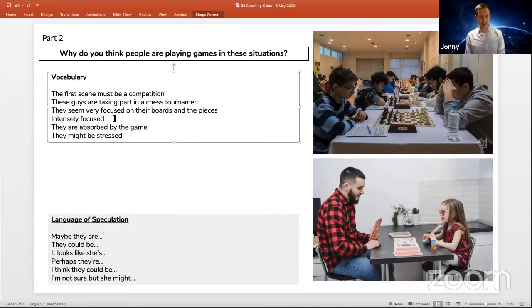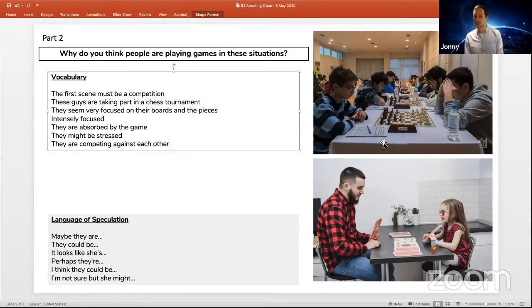They are intensely focused. Absorbed is also good as well. They are competing. Good. Yeah. It's a competition and they are competing against each other.